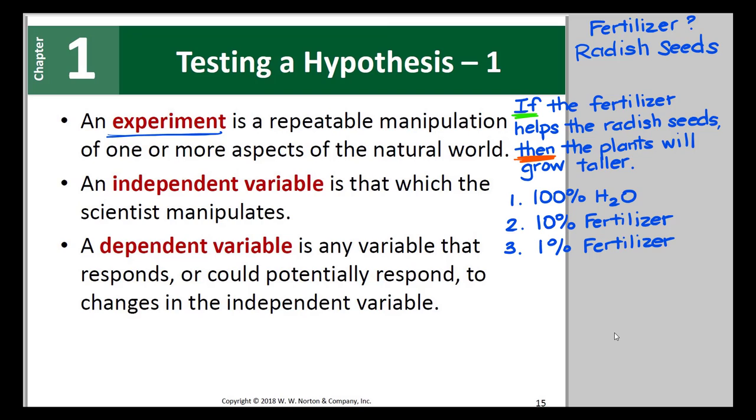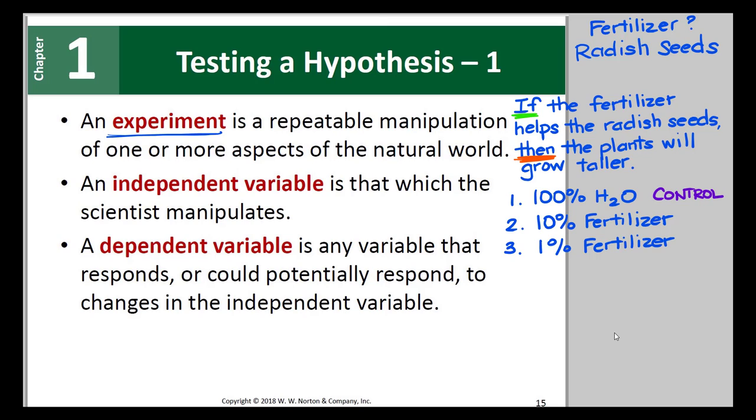Okay, so if we look at this experimental setup, we have 2 different types of groups. We have a control group, and we also have the experimental groups. The control group is going to be the one that is under normal conditions, one that we expect to grow. That's going to be this one, the one that's watered with 100% water.